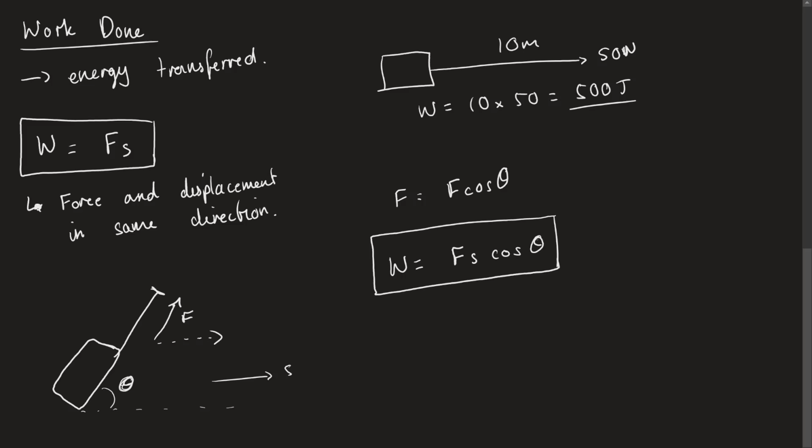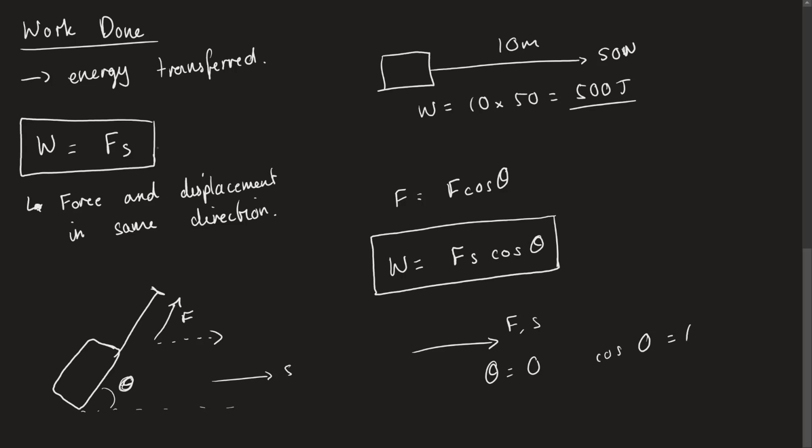You can prove also that this still works if theta equals 0. So if they're in the same direction, theta is equal to 0, so this is F and S. Theta equals 0, and cos of 0 is 1, which means this term goes to 1, and then this expression turns back into the original expression we talked about.